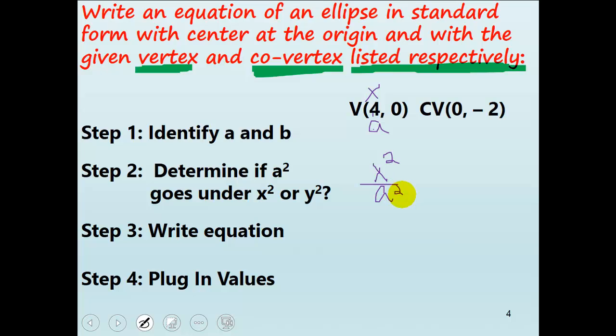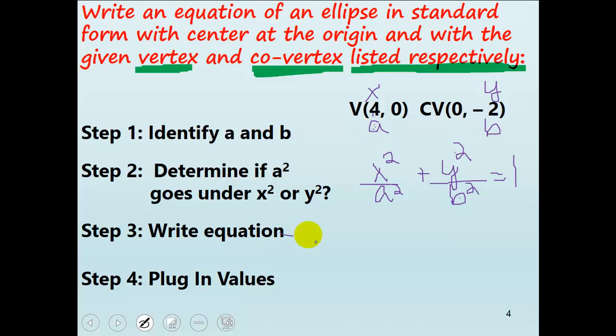Here's my co-vertex, so let's look at that. This has to be my b, and it's under the y. So that means x squared over a squared plus y squared over b squared has to equal 1. Okay? So we've determined that a squared has to go under x squared because my a is in the x spot.